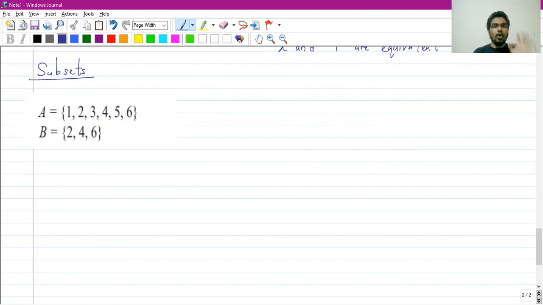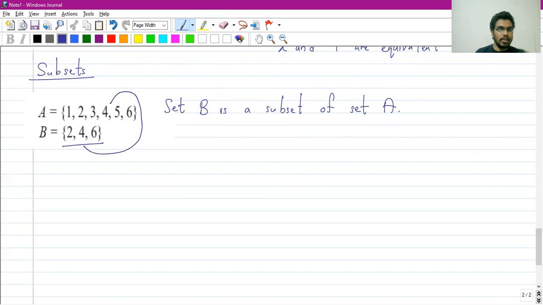So we can say all the elements of B are inside A. So now we can say B is a subset of A. We can say set B is a subset of set A because all the elements in B are included in A.